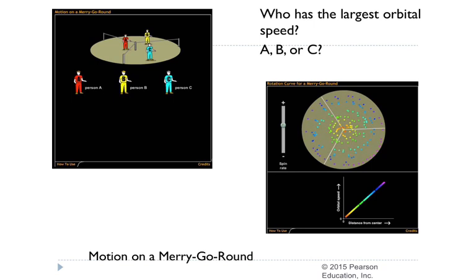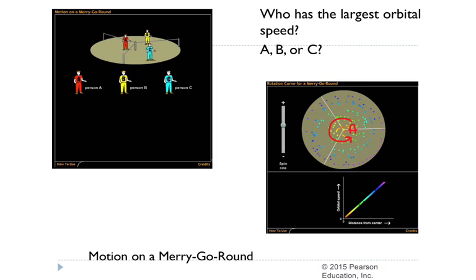But what if we consider something that rotates kind of uniformly here, like a merry-go-round? Well, as things orbit around here, let's just say you're in position A. Now when you orbit around, you're going to make a fairly small circle.